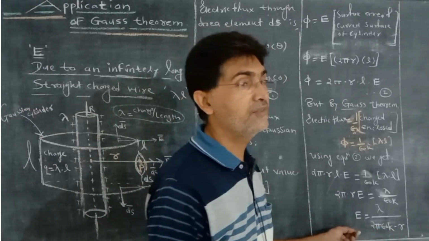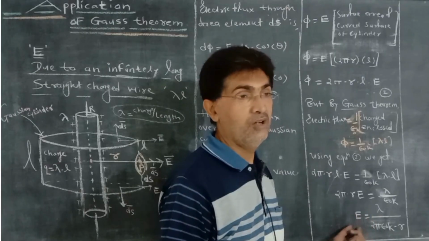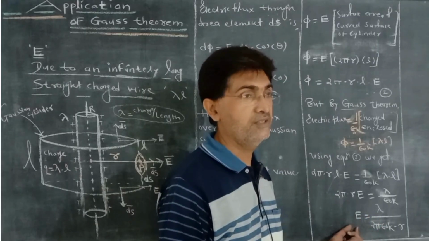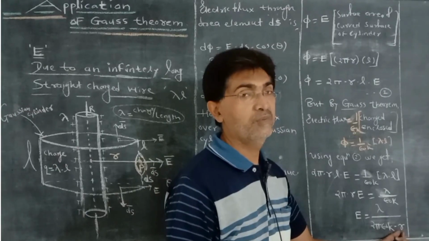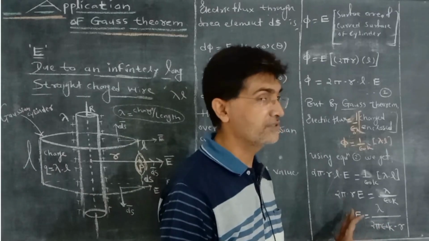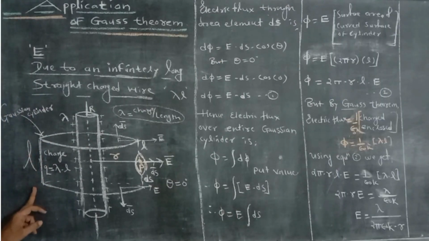This is the electric field intensity of the infinitely long charge wire having charge density lambda at the point which is at distance r from its center. Now in this equation, length is not present. Which length? The length of the Gaussian cylinder or Gaussian surface.